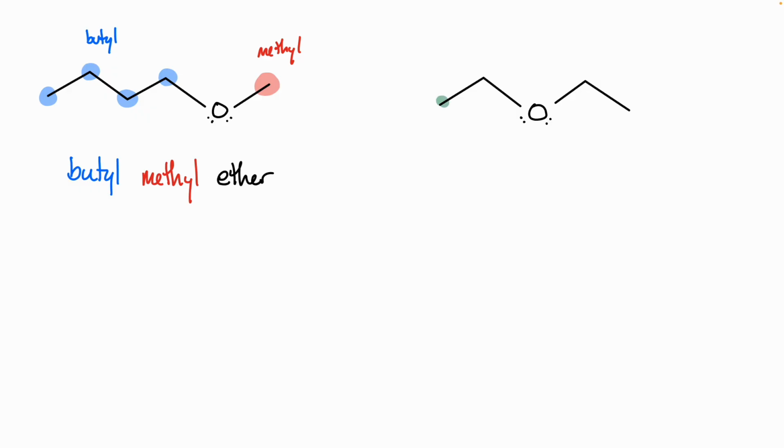Our next example, we have this 2-carbon group on the left and a 2-carbon group on the right. So an ethyl group over here and an ethyl group over here. Rather than saying ethyl ethyl ether, what do we think we're going to do? Diethyl ether.